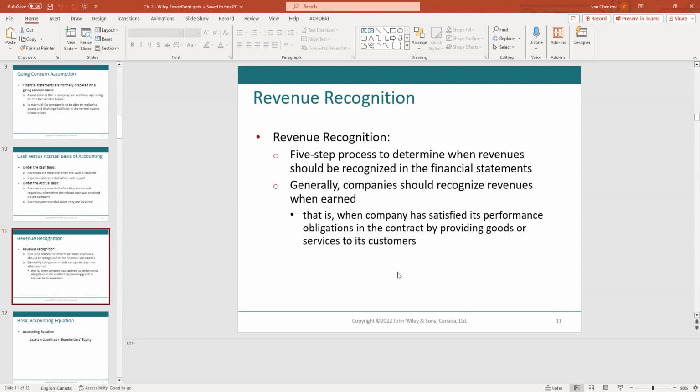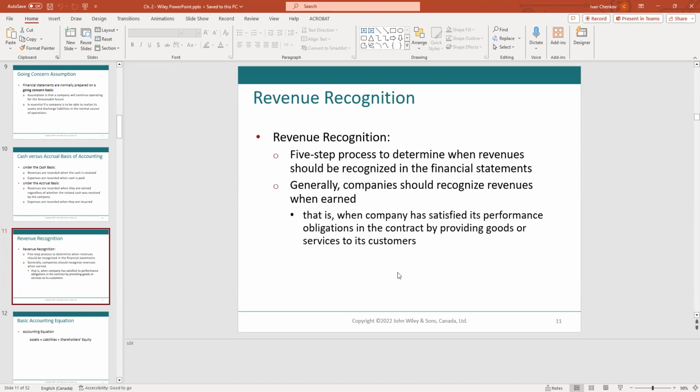Generally, companies should recognize the revenue when it's earned. What earned means is that the company satisfies its performance obligation on the contract. Now, that sounds very scary, but it means that the company delivers the service or provides the goods to the customers.